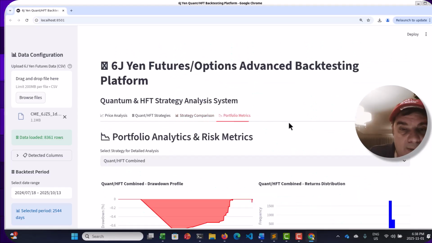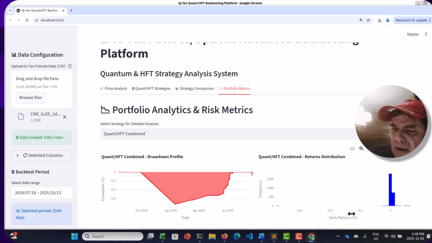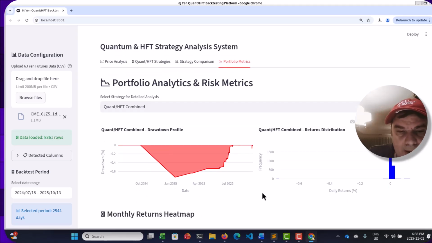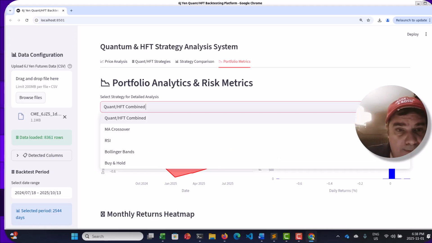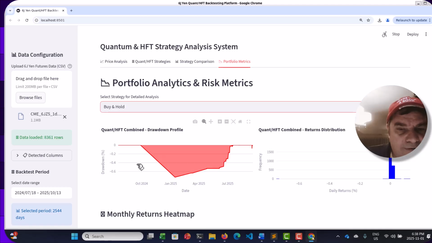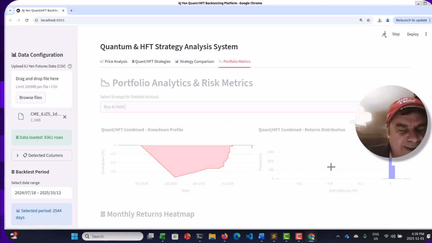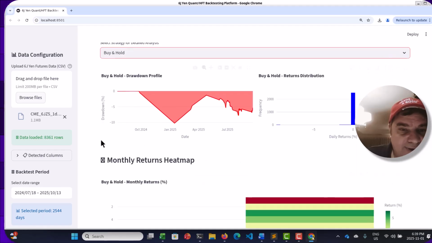If I'm not mistaken, portfolio analysis. So it's kind of comparing the difference between the different buy and hold. If you did buy and hold, this is what you'd get over the last, I believe, a year. Yeah, so this is since October 2024.